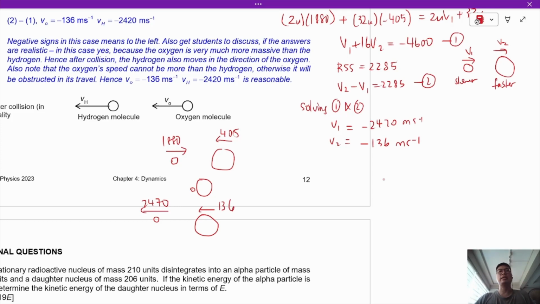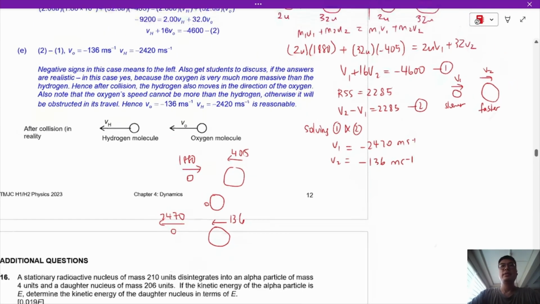Now this kind of makes sense because if you think about playing tennis, when a tennis ball comes towards you and you swing the racket, pum, the tennis ball flies away with an even greater speed. So what we're seeing here is that the hydrogen molecule is a tennis ball and the oxygen molecule is the racket. It's smacking the hydrogen and it's flying away with greater speed.